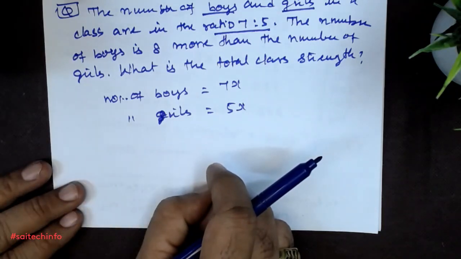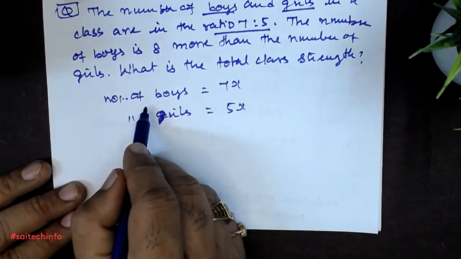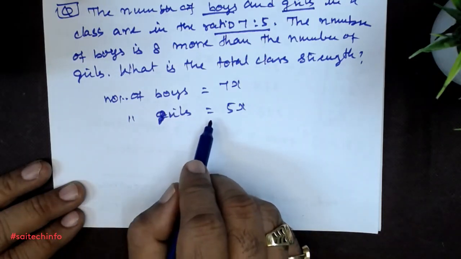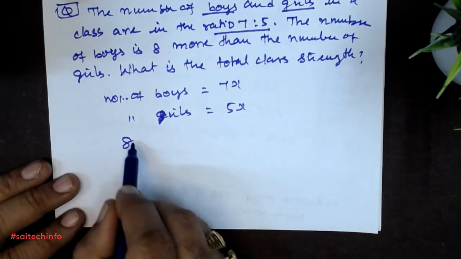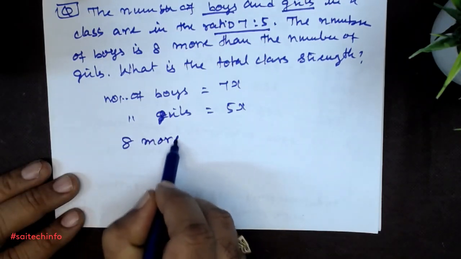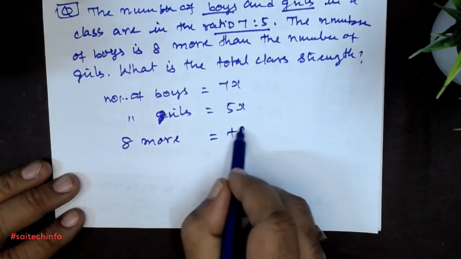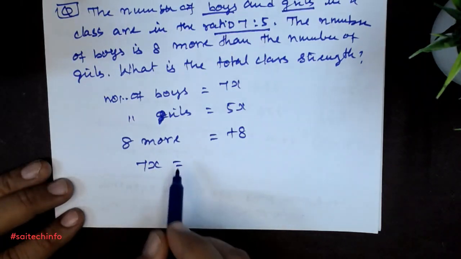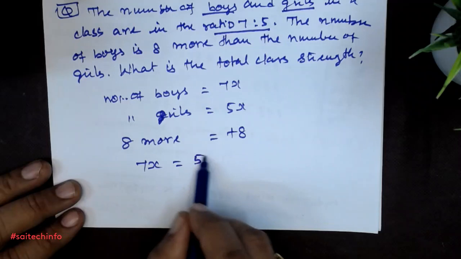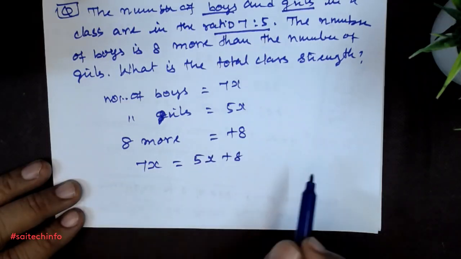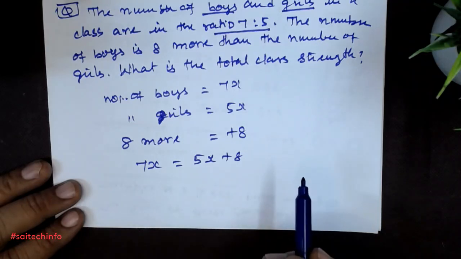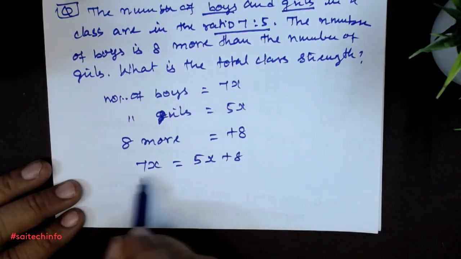It is given clearly the number of boys is 8 more than the girls, is it not? So 8 more means plus 8. Therefore, the number of boys is equal to the number of girls plus 8. Got this point? Right? Now from this we can work out.